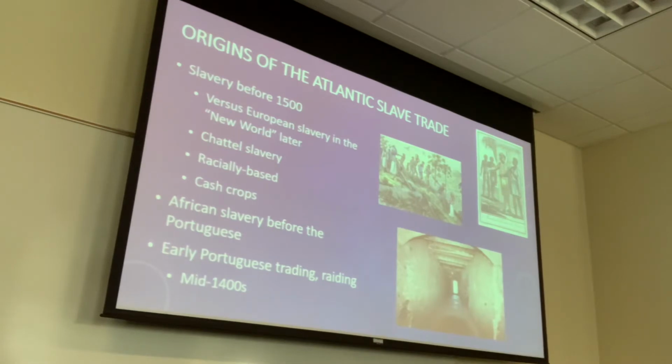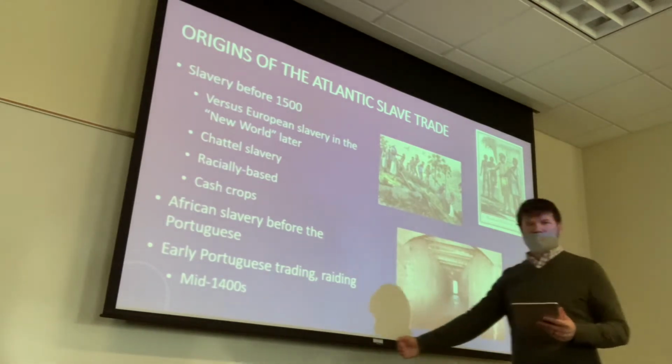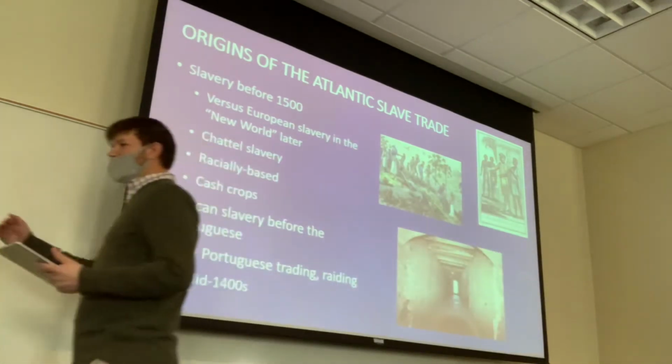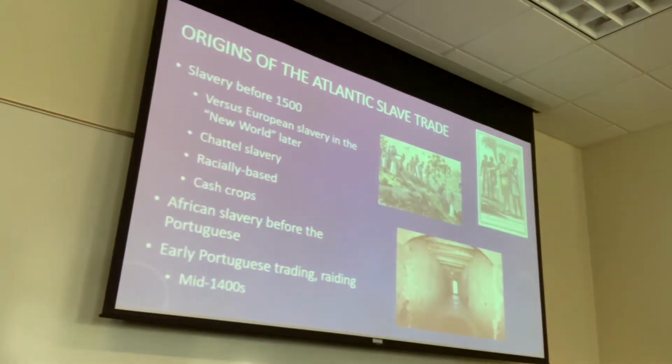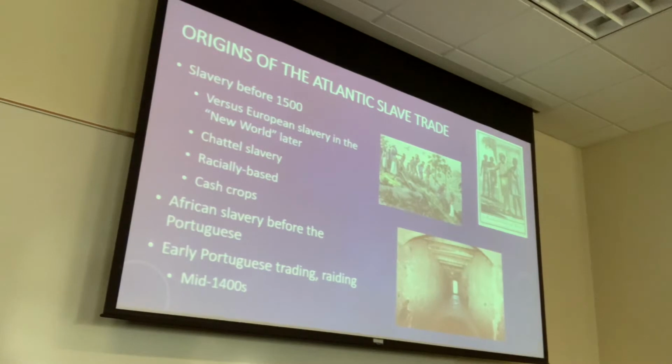But, as we'll see, in this time period that we're looking at here, Europeans transformed that institution. The slavery that Europeans bring to the New World in the form of enslaved peoples from Africa, that's something that is profoundly different than anything we had ever seen before in human history.